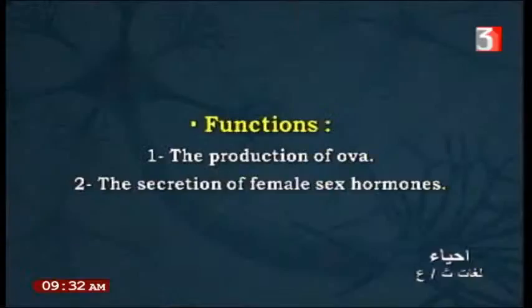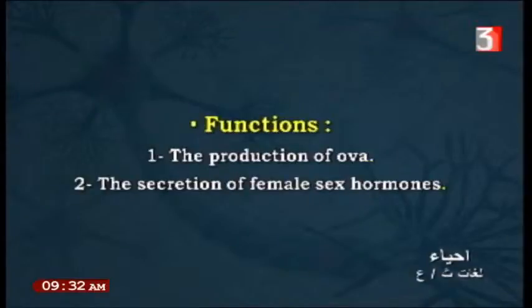So the two ovaries contain a large number of ova inside them before pregnancy. Each one comes out in a different month. First, the function: the production of ova and the secretion of sex hormones, the female sex hormones.